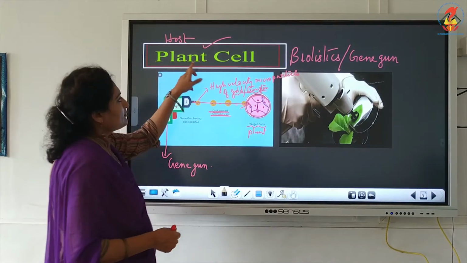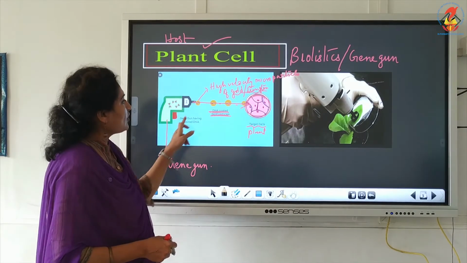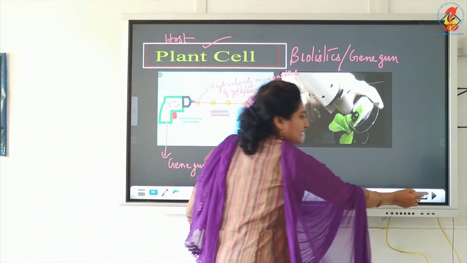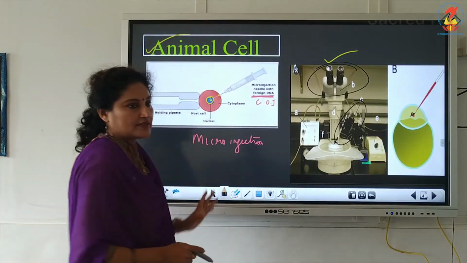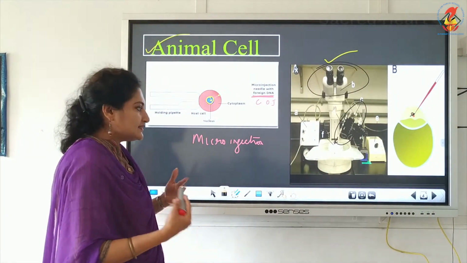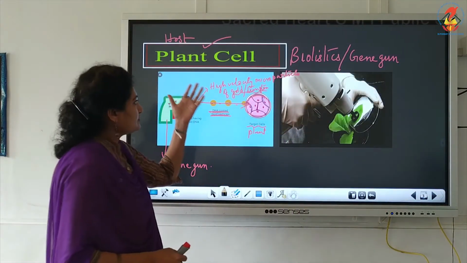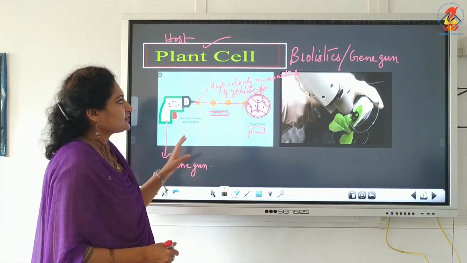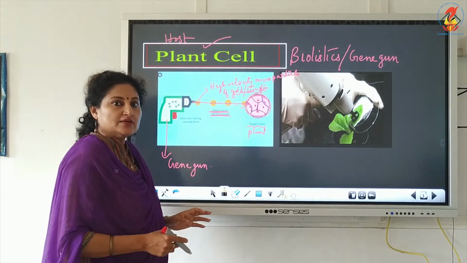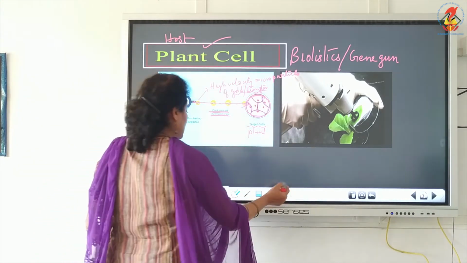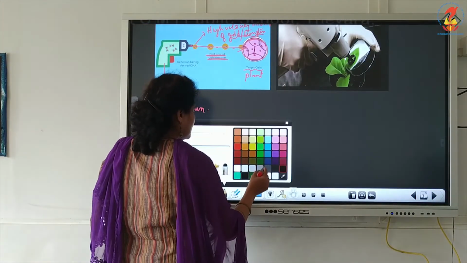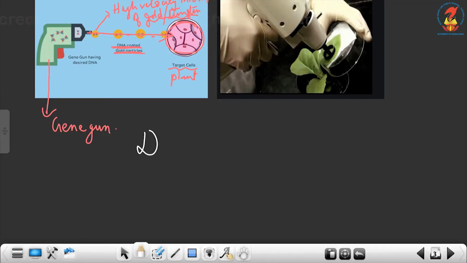So, in plant cells we make use of the gene gun, and in animal cells we make use of micro-injection. Yet there is another method of transferring the gene of interest, not with the help of any machinery. It can be done by the use of disarmed pathogens.